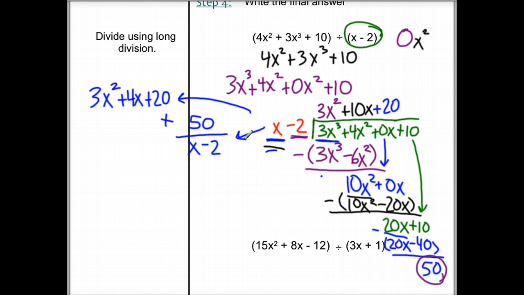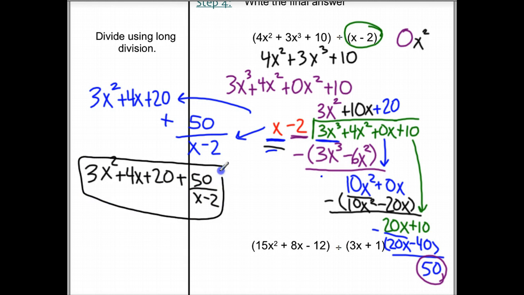So our final answer is 3x squared plus 4x plus 20 plus 50 over x minus 2. We get our answer from above, our quotient, and our remainder. And remember, the remainder goes over the divisor.